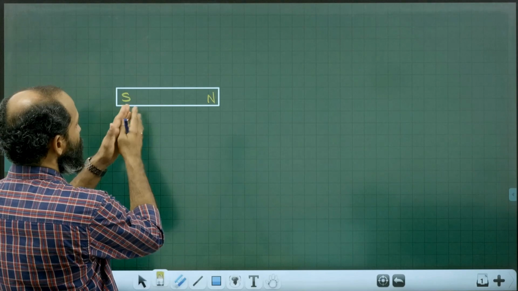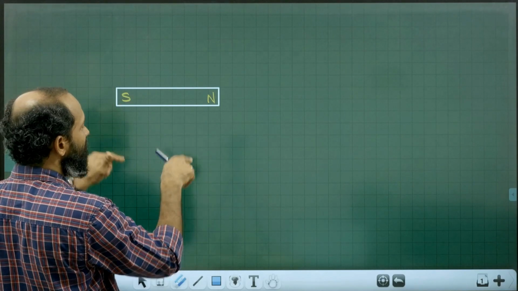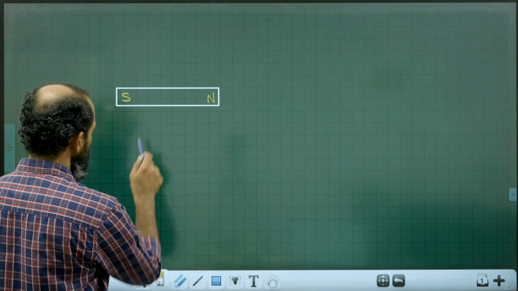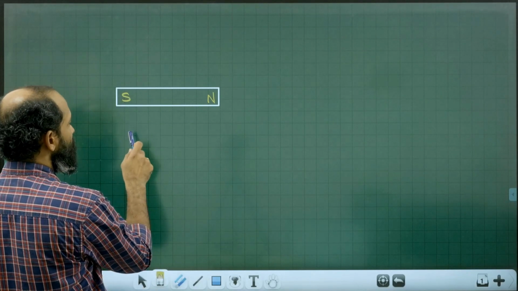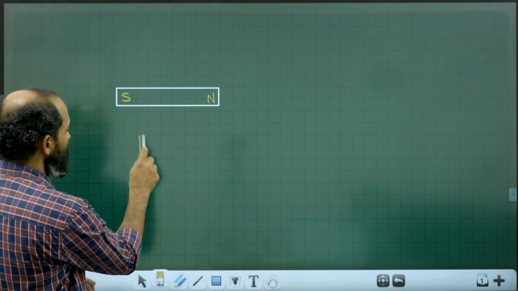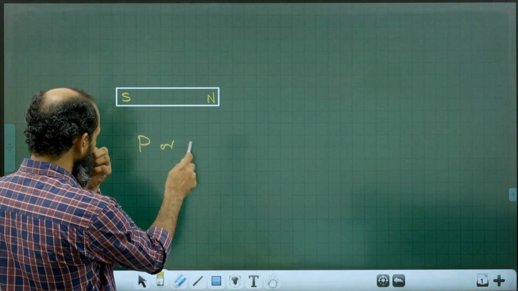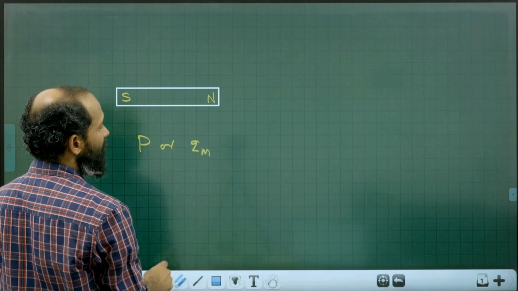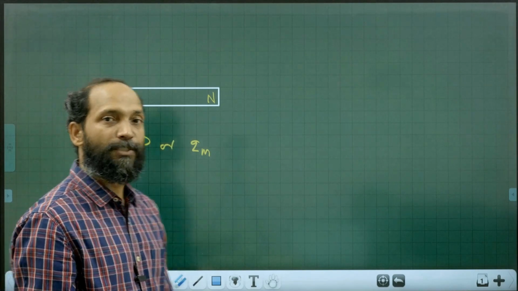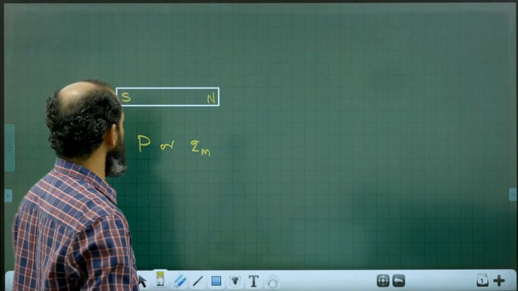So the geographic length is slightly more than the magnetic length. Magnetic length is the distance between two magnetic poles, and the strength of each of these magnetic poles is called pole strength. Pole strength is sometimes called magnetic charge assigned to each of these poles. Pole strength of each pole is the same.